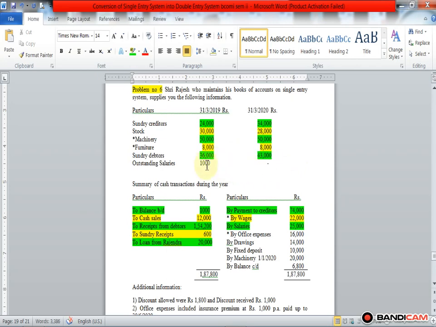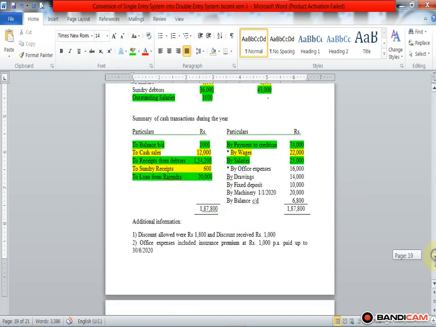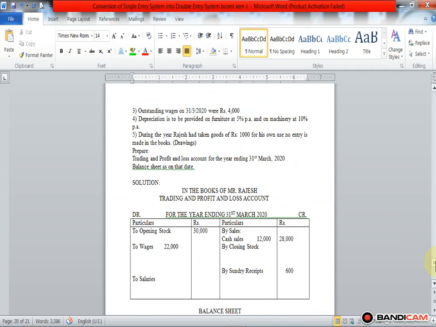Okay, so here the outstanding balance was given to you. It means opening balance of outstanding. So outstanding opening balance, so last year's outstanding.